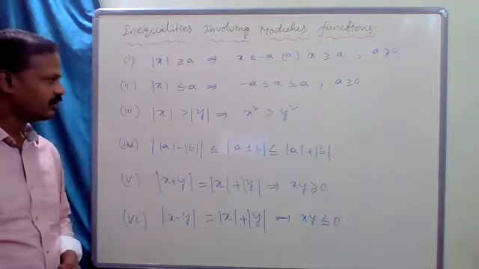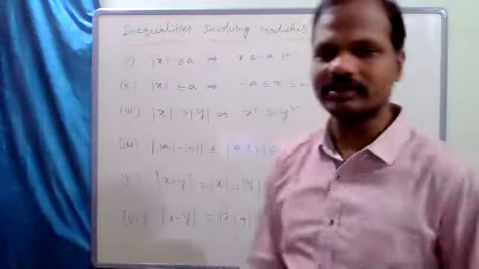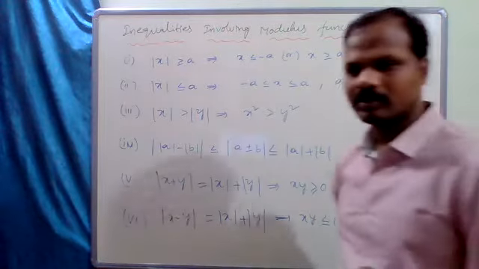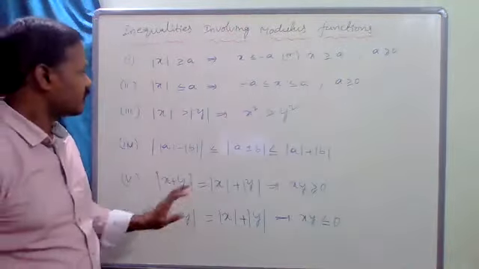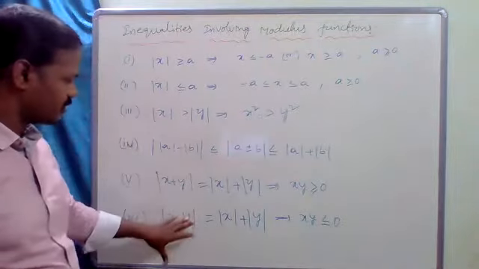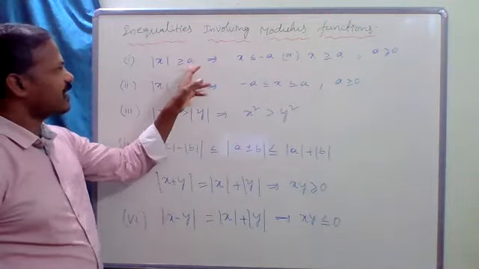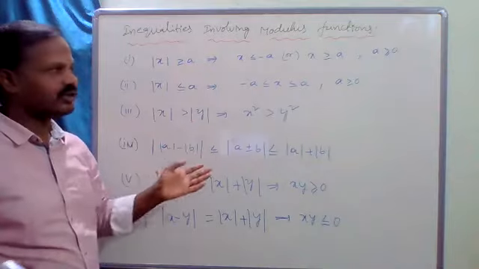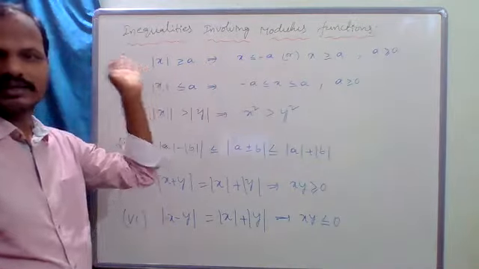So look at these modulus inequalities. When they are given, you have to use such conditions. Mod x greater than or equal to a means outside the values of a, that is either less than minus a or greater than a.